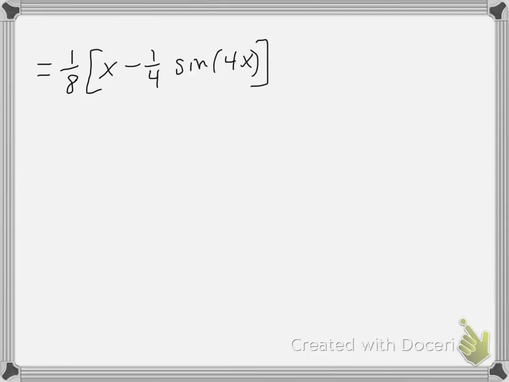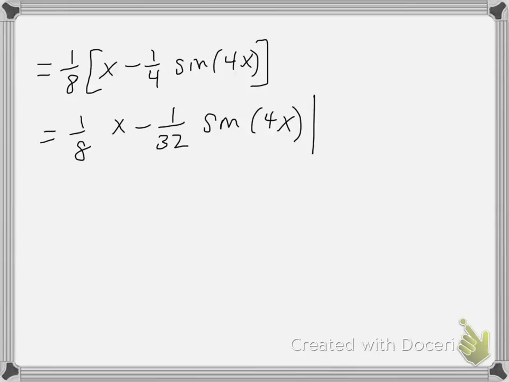So we're going to end up with 1/8 x minus 1/4 the sine of 4x, which of course is the same thing as saying 1/8 x minus 1 over 32 the sine of 4x. And now we're going to evaluate this between 0 and pi.